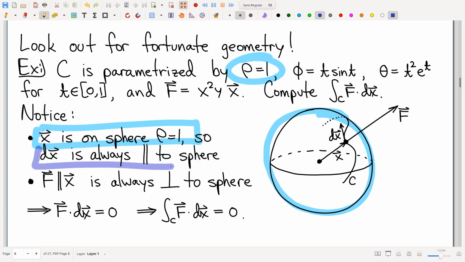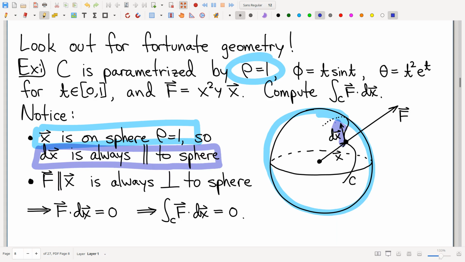Then your dx vector is going to be parallel to the sphere. If you're moving on a surface, your tangent vectors are parallel to the surface. Does everybody buy that geometry? Just making an argument by geometric intuition.